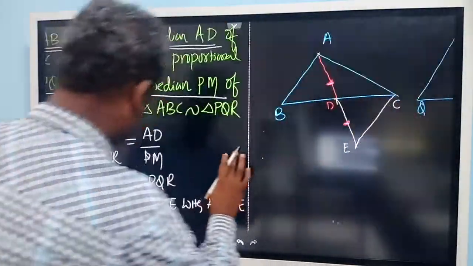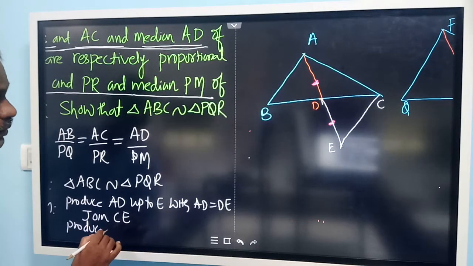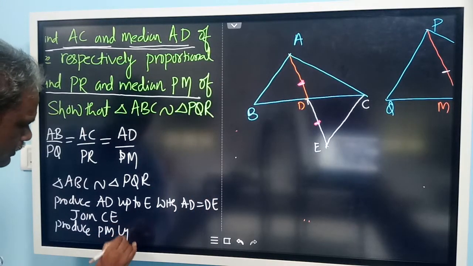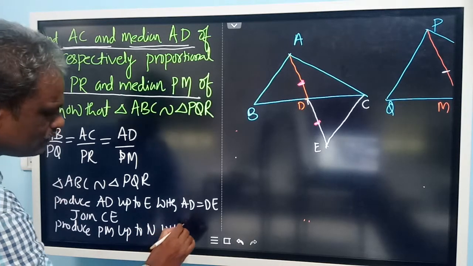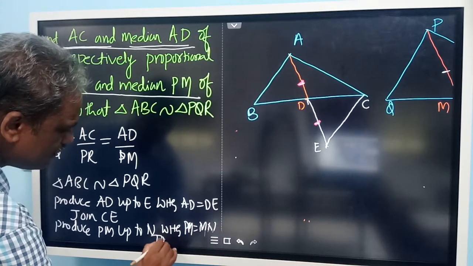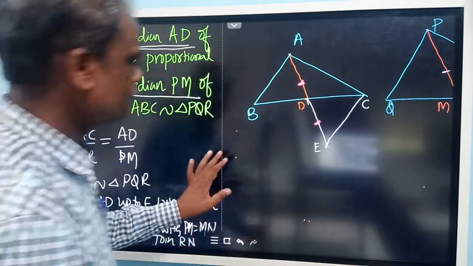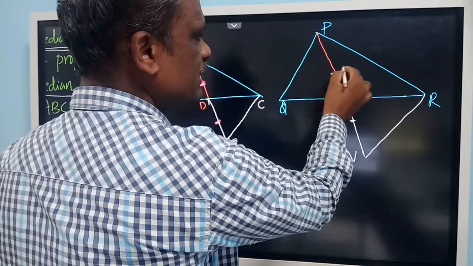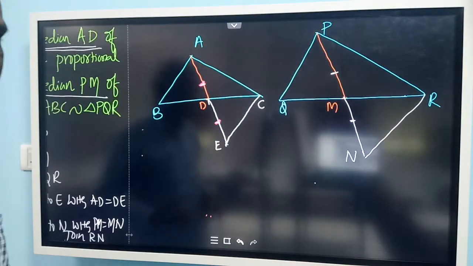Produce the median PM up to N with the condition PM is equal to MN. So join RN. Produce PM up to N with the condition PM is equal to MN. Then join RN. Cool. This is the construction.